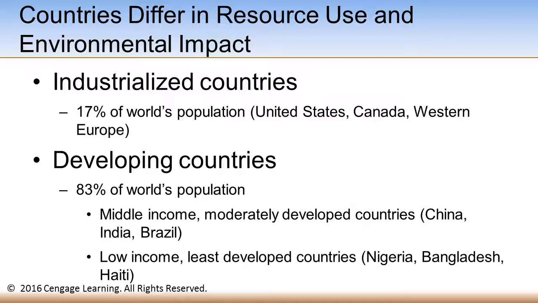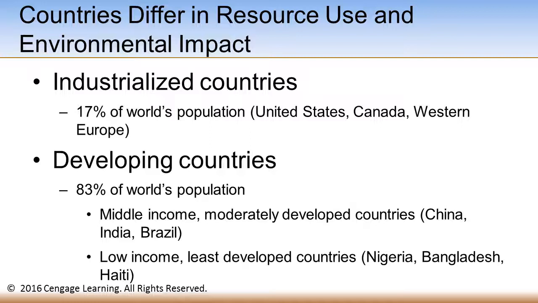This includes moderately developed countries such as China, India, and Brazil. They hit the medium income level but are still considered to be a developing country. Then we have the least developed countries: Nigeria, Bangladesh, and Haiti. These fall into the category of low income, least developed countries. So 83% of our world's population lives in developing countries.